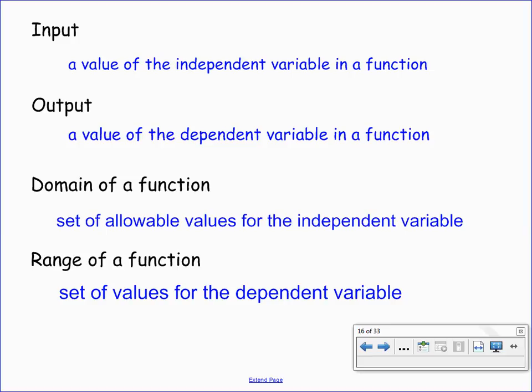An output is a value that the dependent variable takes on, the second item in each pairing.